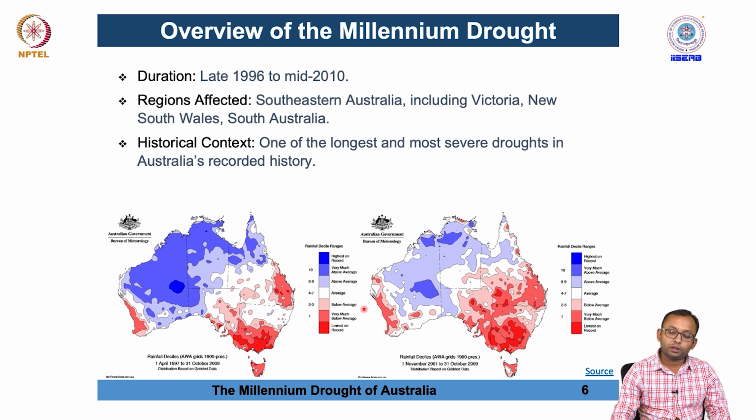We have seen that most of the southwest and southeastern parts of Australia recorded the lowest amounts of rainfall, with some regions showing a very high range of rainfall decline.